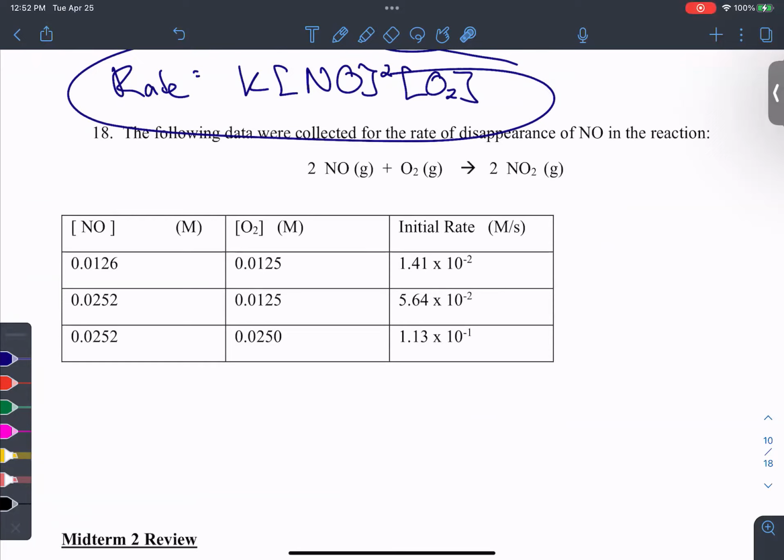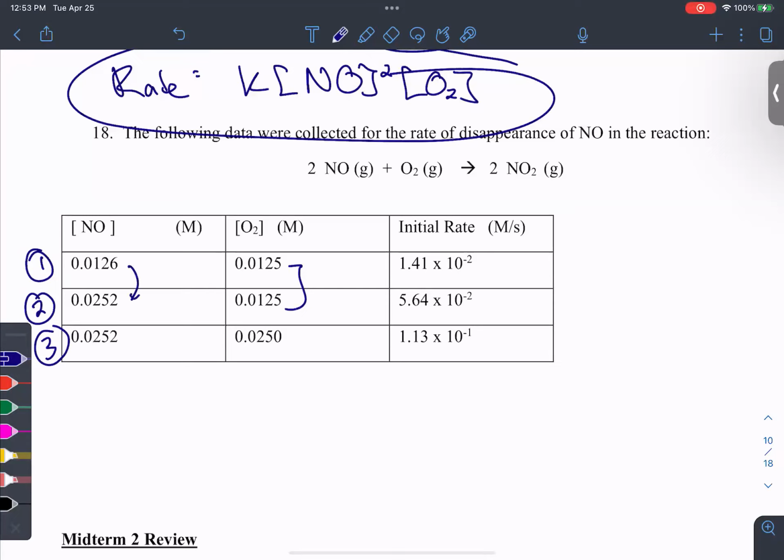So this is how we get the orders of our reactants for our rate law. The idea here is you just want to look at experiments where only one thing changes and inspect how the rate changes. So if I look at experiments 1 and 2, I see that O2 doesn't change its concentration between those two experiments. So O2 is not contributing to any changes of the rate.